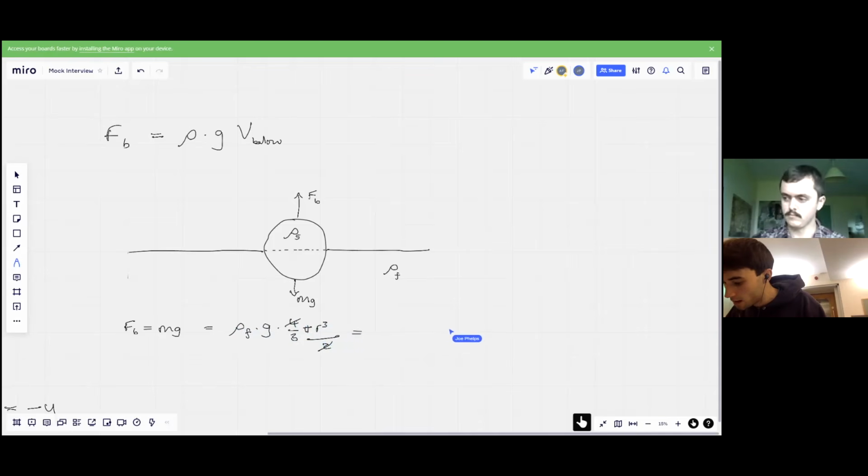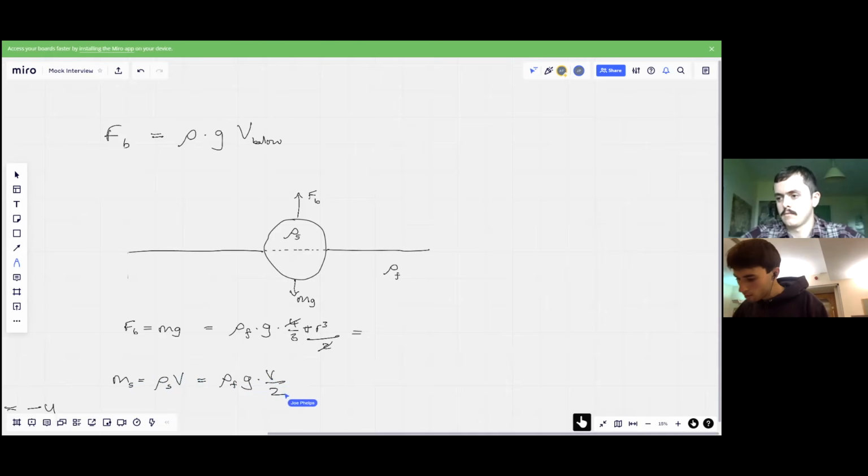But I could equally say that the mass of the sphere, so m of the sphere, is just the density of the sphere times its volume. So I can equate that to rho F times g times V over 2. And I had, oh no, I need a g there and a g there.